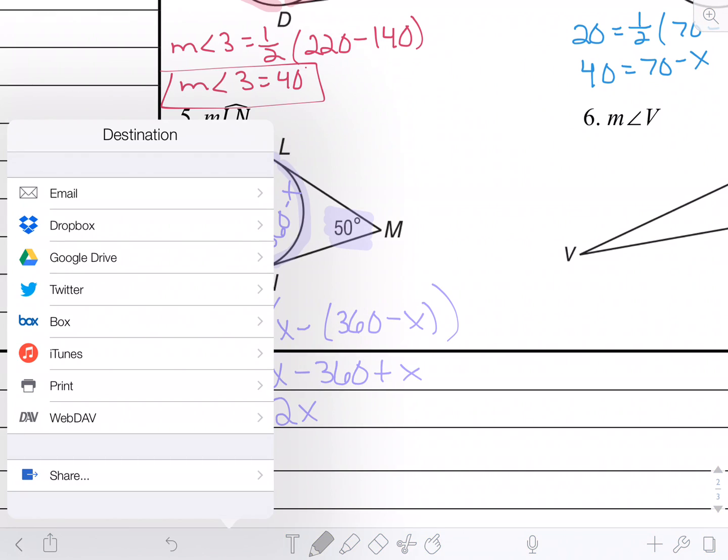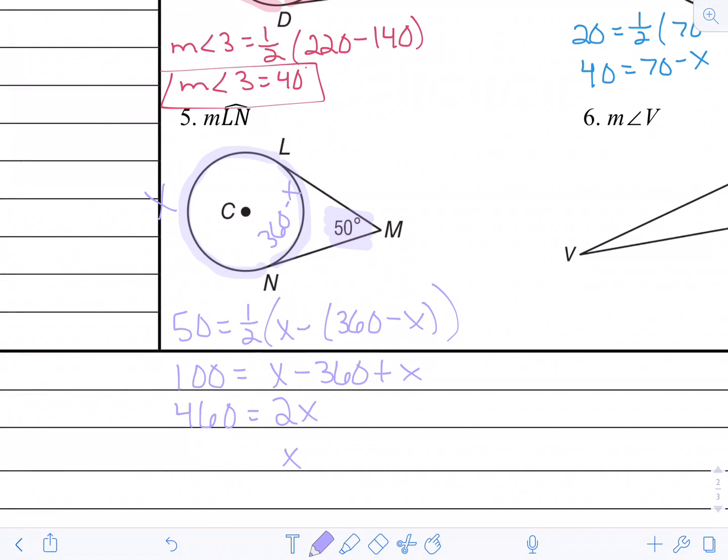So x would equal 230. But the question wants the measure of arc LN, which is my smaller arc. So all I have to do is 360 minus 230, and that ends up being 130 degrees. So the arc LN is 130 degrees.